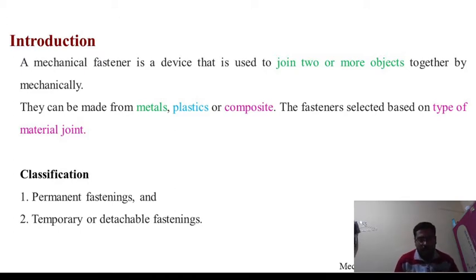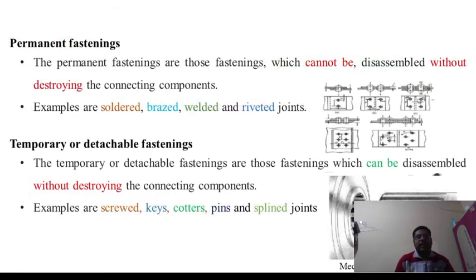Next, the full definitions, including permanent fasteners and temporary fasteners. Permanent fastenings are those fastenings which cannot be disassembled without destroying the connecting components. For example, soldered, brazed, welded and riveted joints.